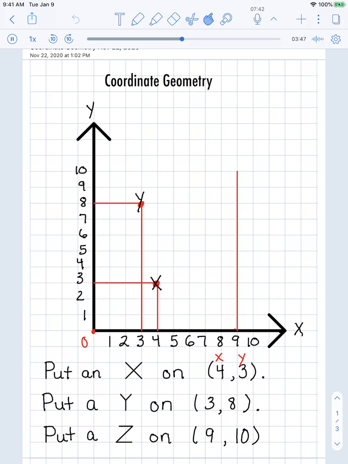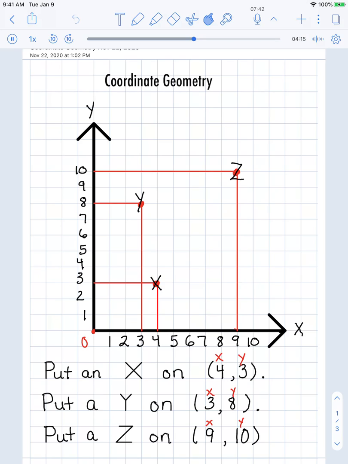And then if I was using my other finger so you could see, I would go across. And so this is actually at the point of 9, 10. And so that is where I'm going to then write the letter Z. That is point Z. So for each of these, it never changes. Your X number comes first, your Y number comes second.